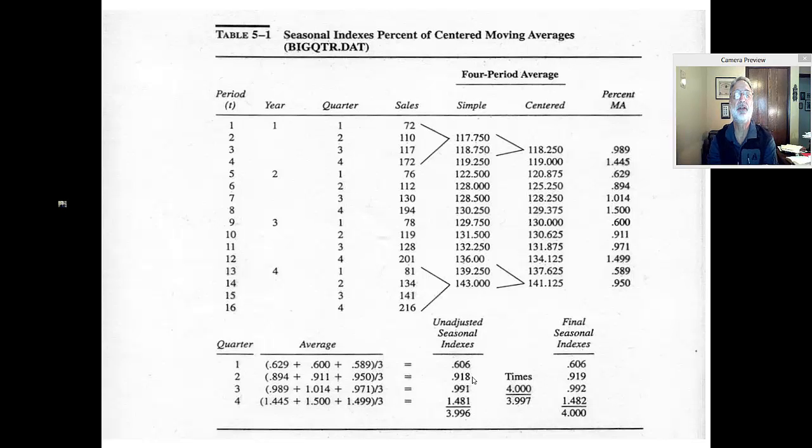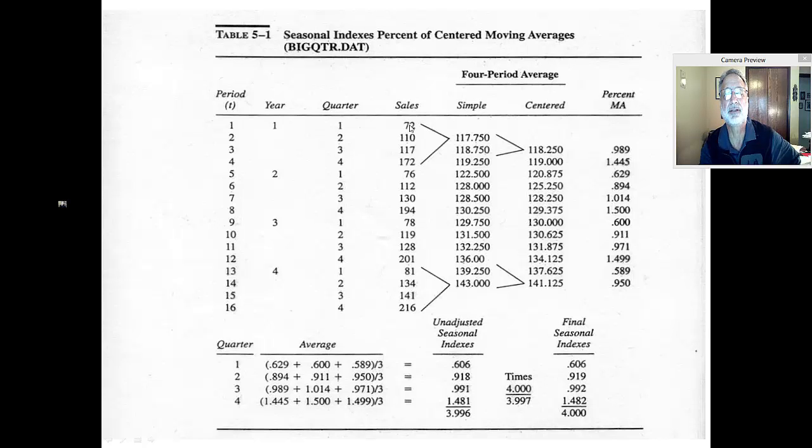So what we have here are 16 observations, okay? 4 years, this is quarterly data, 4 quarters. So what I have initially then is the actual data. What I'm going to use is a technique as described in your text called a 4-period moving average, because that works well for quarterly data.